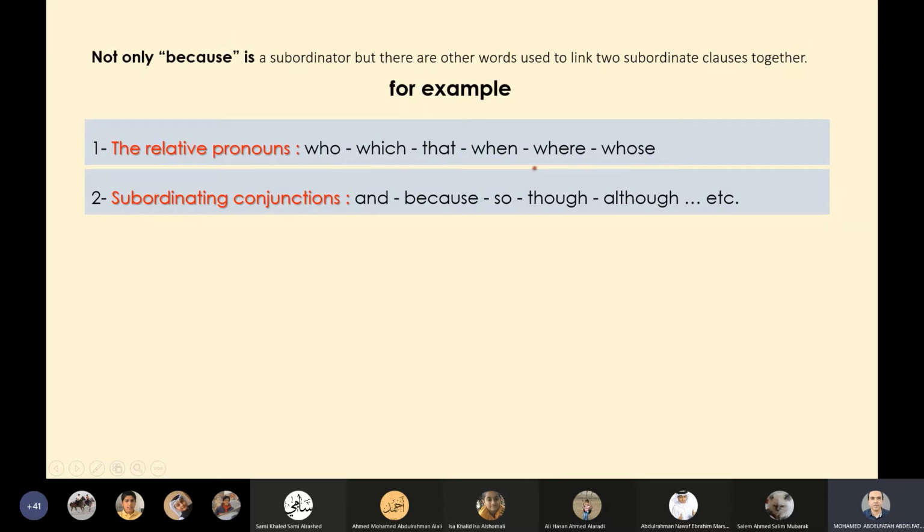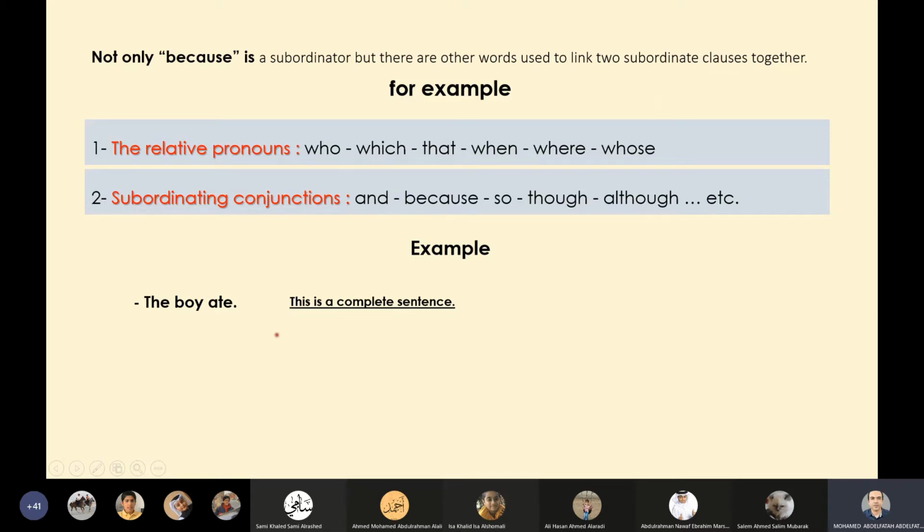The relative pronouns in English are called or can be used as subordinators or subordinating words. Also, we have got subordinating conjunctions like what, teacher? Like and, because, so, though, although, etc. We have got so many words in English that can be used as subordinating conjunctions. So let's have an example. Look here, students. The boy ate. The boy ate is a complete sentence.